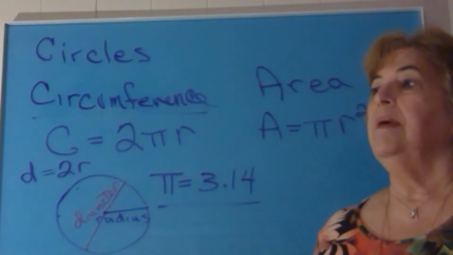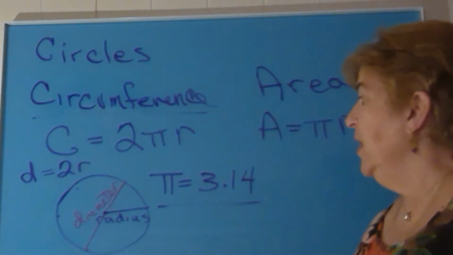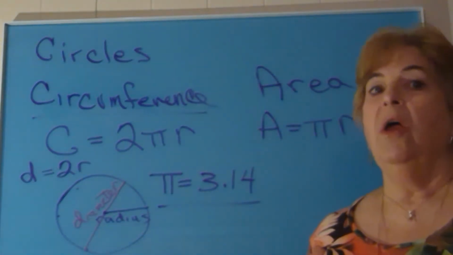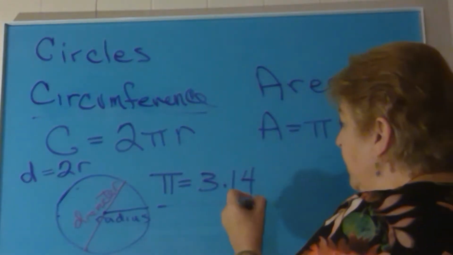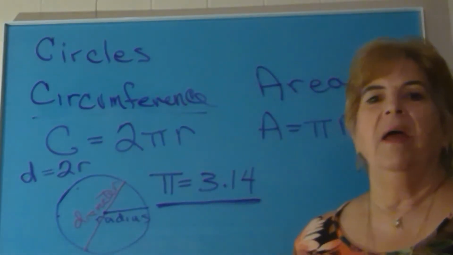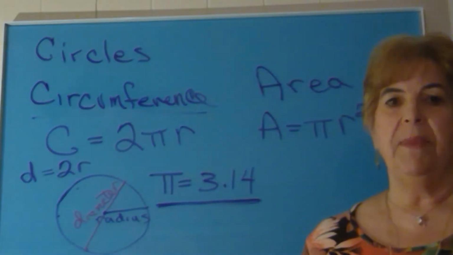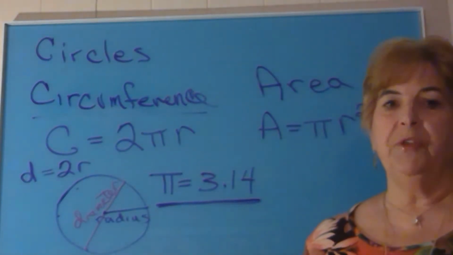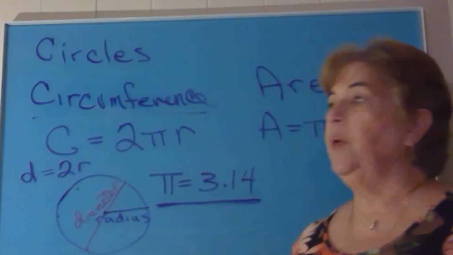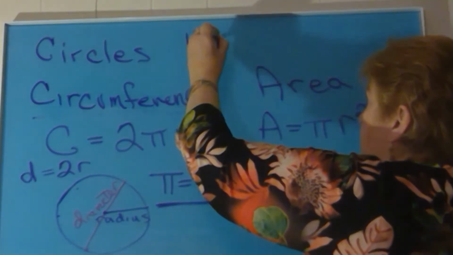However, your answers will vary depending on how many places you carry pi out to. So to make it easier for me when I'm grading your papers, use 3.14 when you substitute for pi. And for most problems, unless it's stated otherwise, I'm going to ask you to round answers to the nearest hundredth.